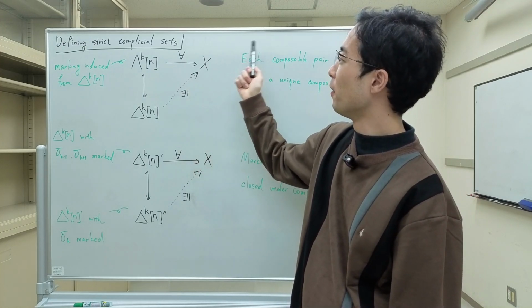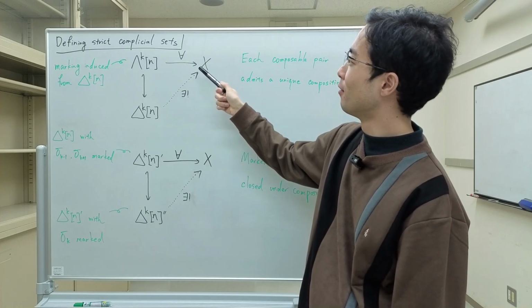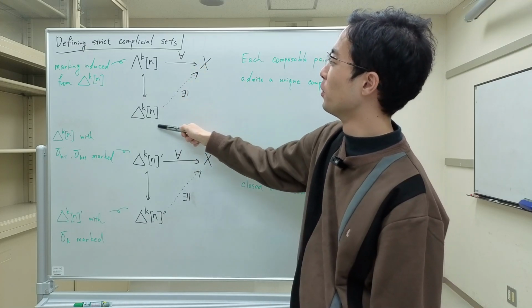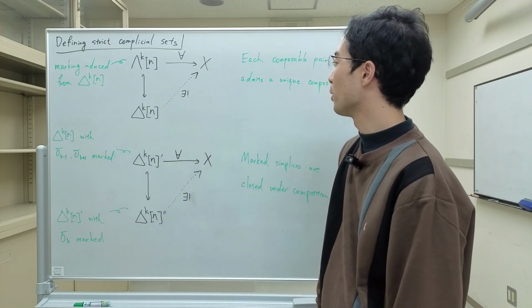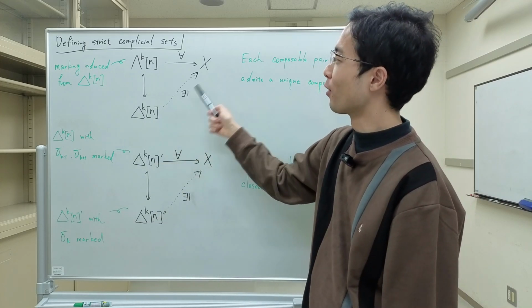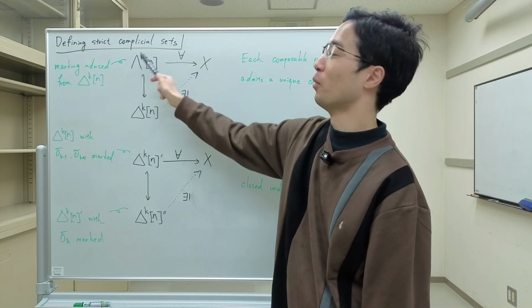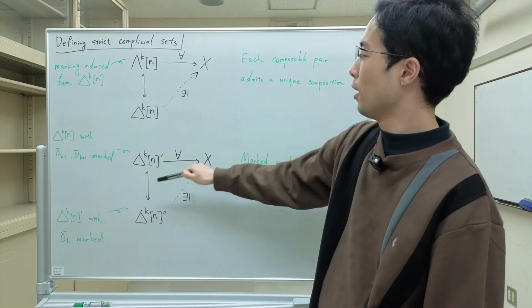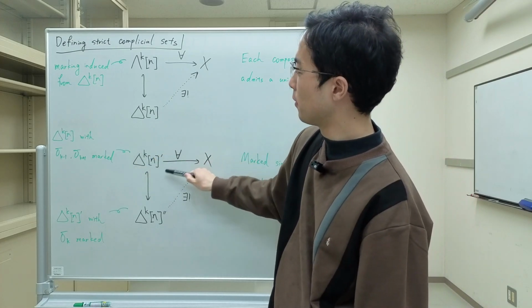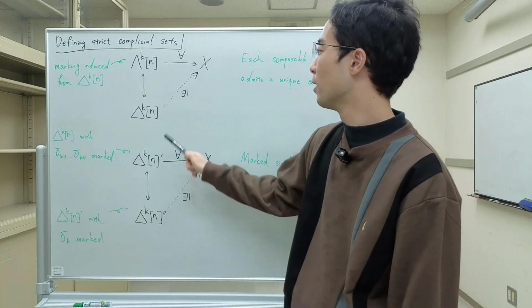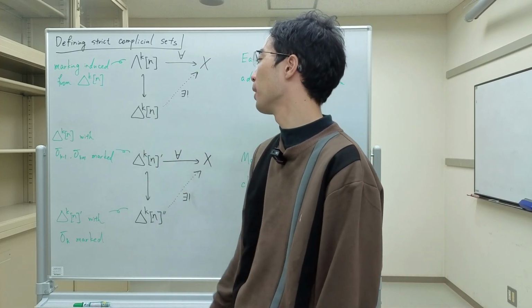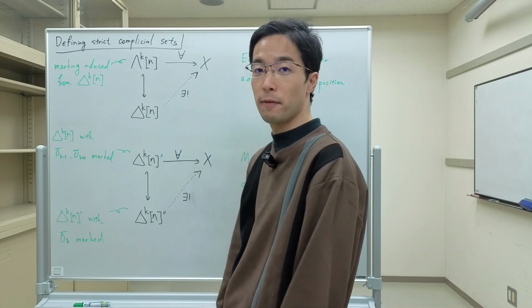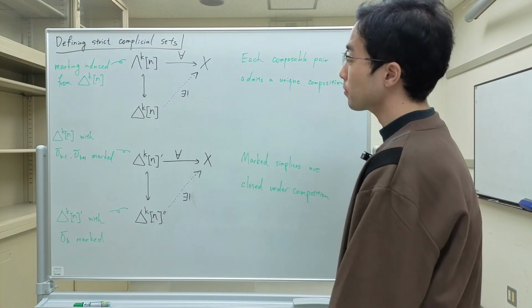And the definition requires that any such map be extended to a map out of the simplex in a unique way. Well, this encodes the composition of that composable pair specified by this map. And this dashed version is defined to be this simplex with k minus first and k plus first faces also marked.